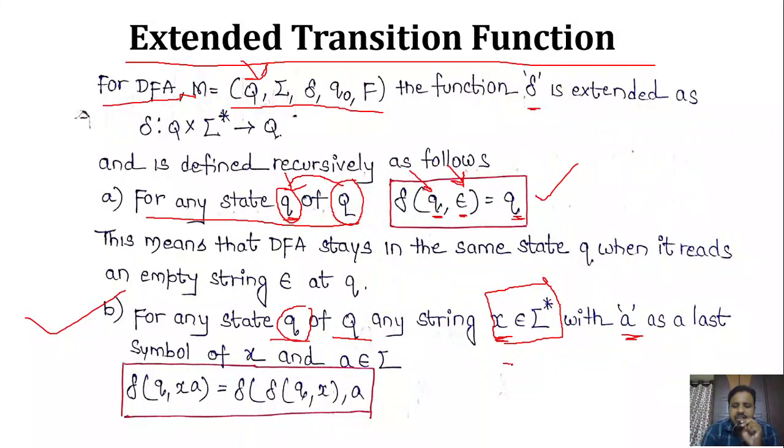So we have the string x followed by a. That means x consists of a string belonging to sigma star, followed by small a at the end.